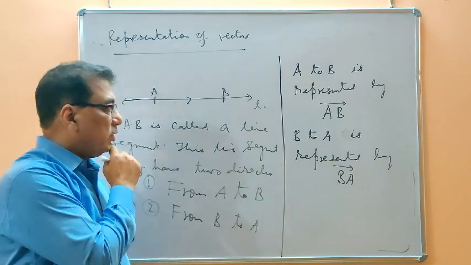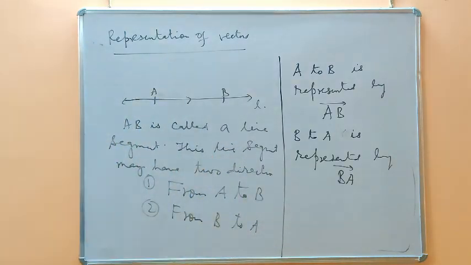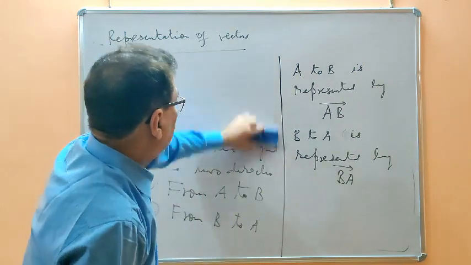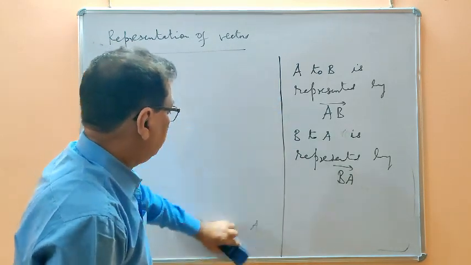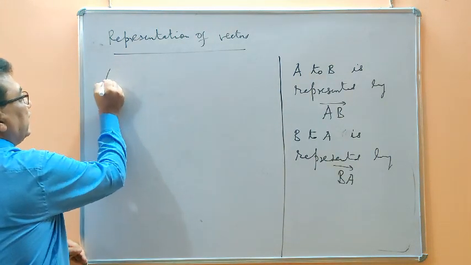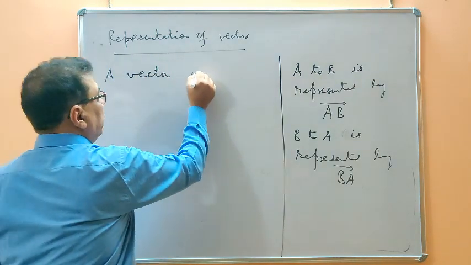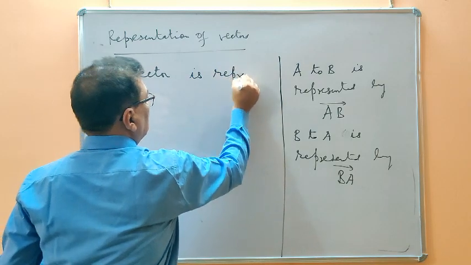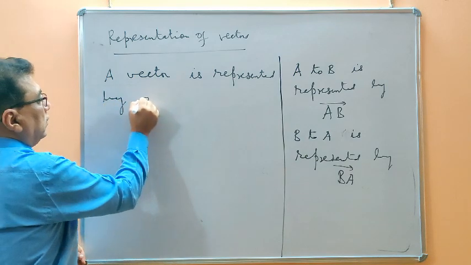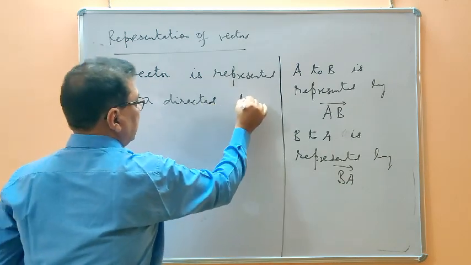That means it has two properties, first direction and second magnitude. We can conclude here that a vector is represented by a directed line segment.